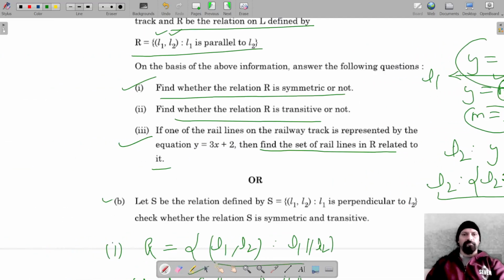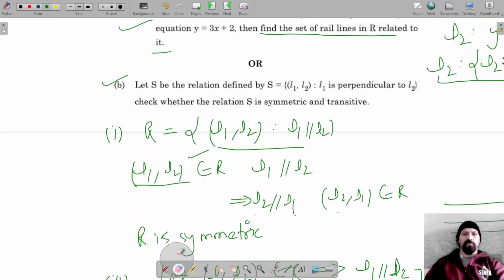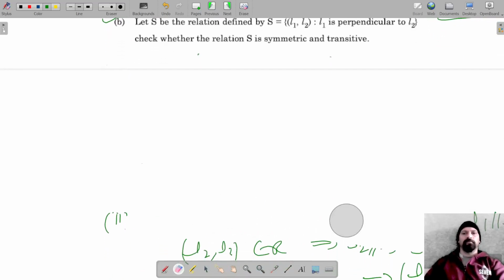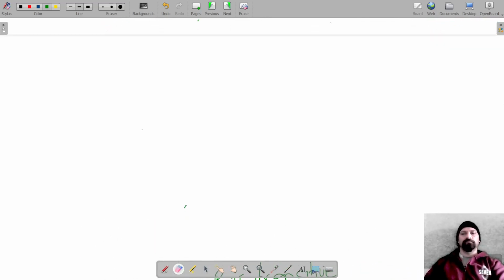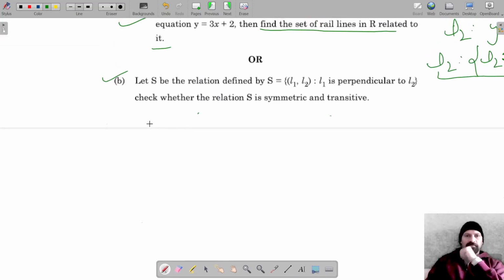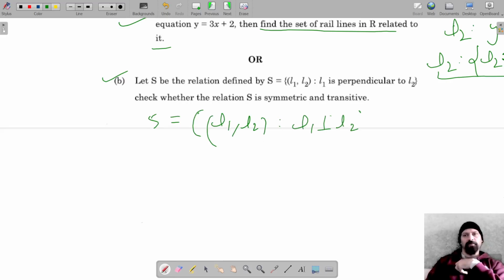Okay, for part B, there is a relation S defined on pairs of lines L1 and L2, and they are in relation if they are perpendicular to each other. We have to check whether it's symmetric or not.